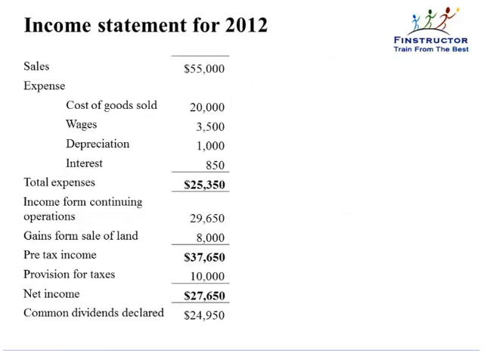So we'll start by taking a look at the income statement and identifying that the sales of the company for 2012 were $55,000. So if no other information is given, what would I assume to be the cash received from customers? I will assume that these sales came to me as cash, or $55,000.